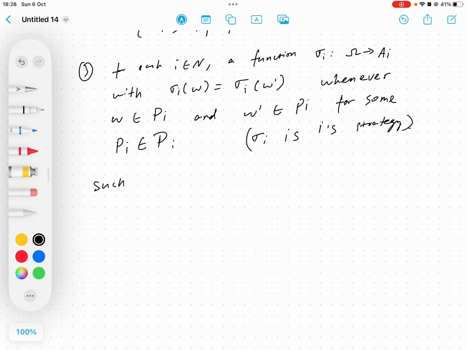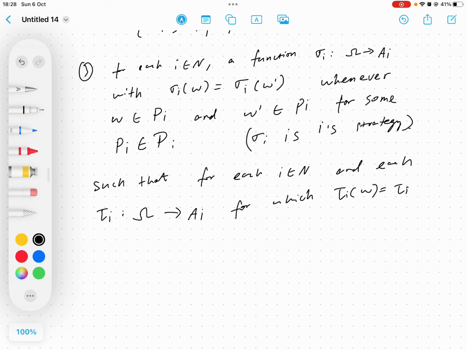Such that, for each I and each function, let's say tau, some deviated function, not the original sigma, tau from omega to A, for which tau I of omega equals tau I of omega prime whenever omega and omega prime are both elements in pi, for some pi as an element of this curly pi.